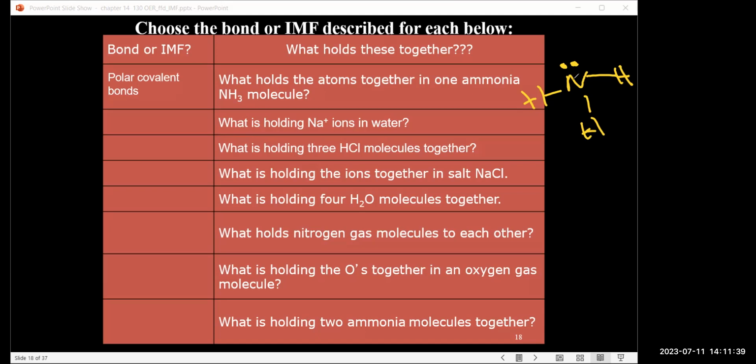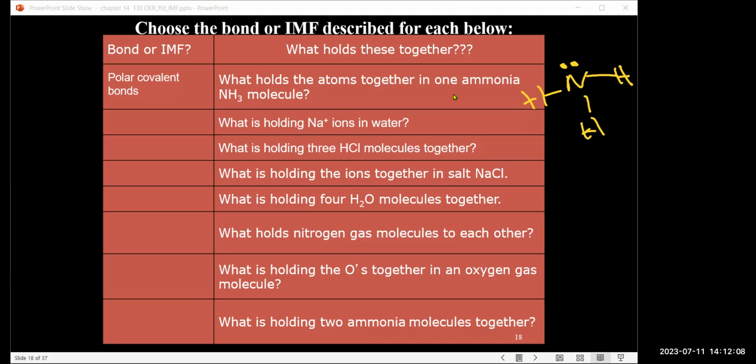So we have covalent bonds between nitrogen and hydrogen, but they're polar because of the electronegativity difference between nitrogen and hydrogen. And coupled on top of that, we have a lone pair on nitrogen, which makes it a polar molecule.